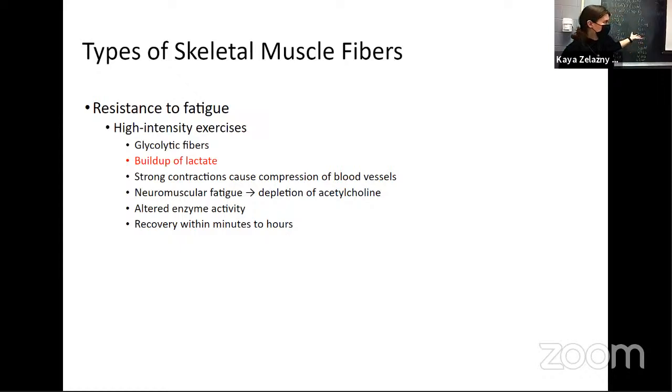We fatigue quickly because of this buildup of lactate, but also because we're running out of acetylcholine, we're running out of blood flow, all sorts of things. But the recovery is actually relatively quick. So the recovery time for these high intensity exercises with our glycolytic fibers happens in minutes to hours, which we're going to see is different than when we end up with fatigue in a slower process.